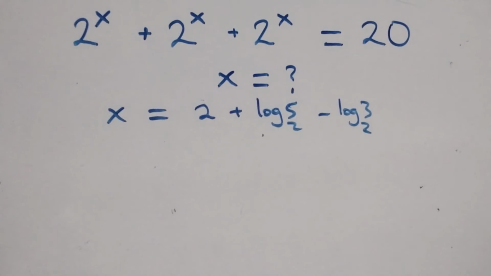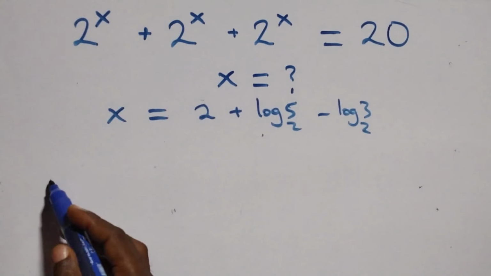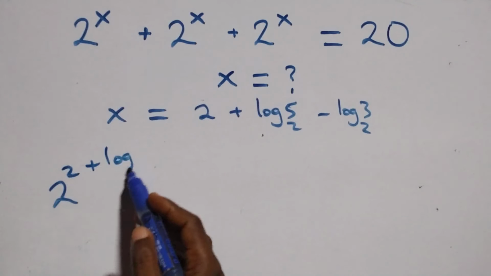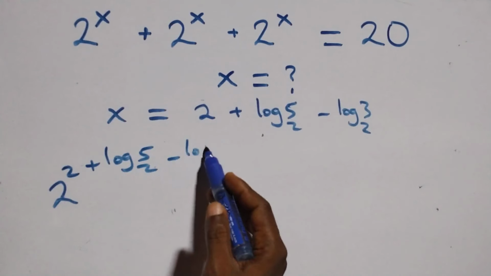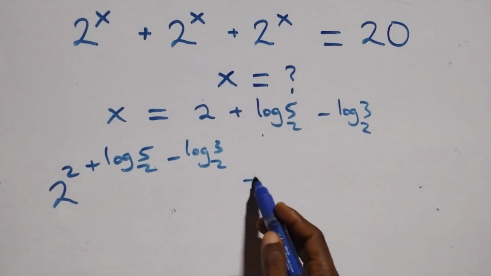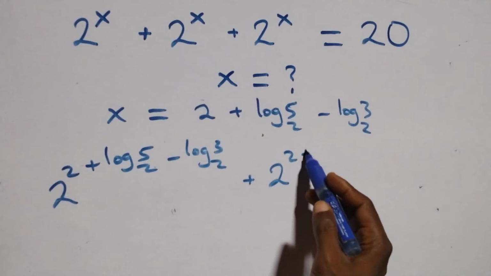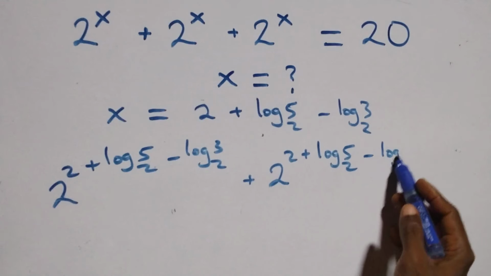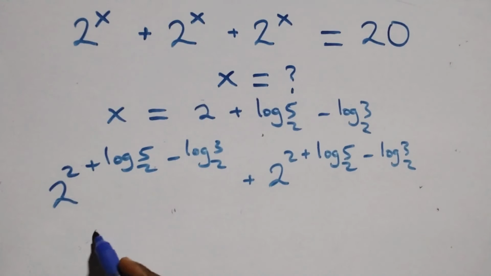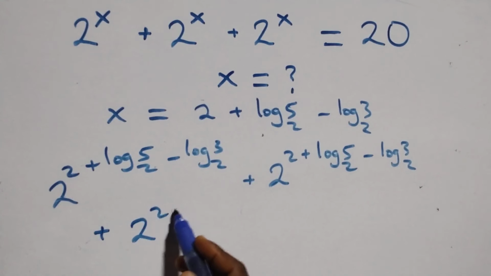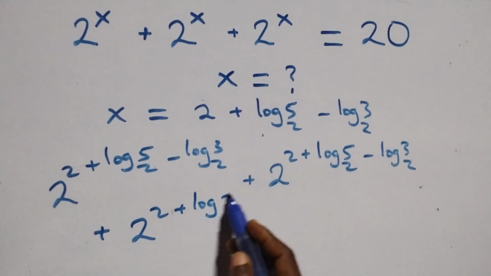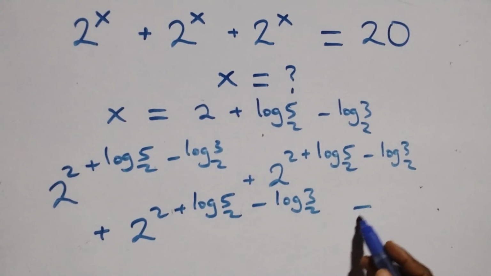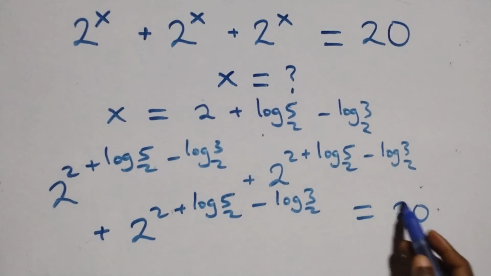Then what we have here becomes 2 raised to power 2 plus log 5 base 2 minus log 3 base 2, plus also 2 raised to power 2 plus log 5 base 2 minus log 3 base 2, plus also 2 raised to power 2 plus log 5 base 2 minus log 3 base 2 is equals to 20 on this side.